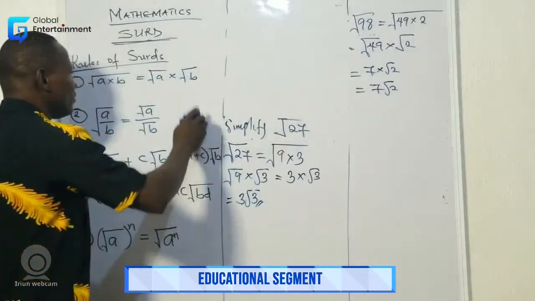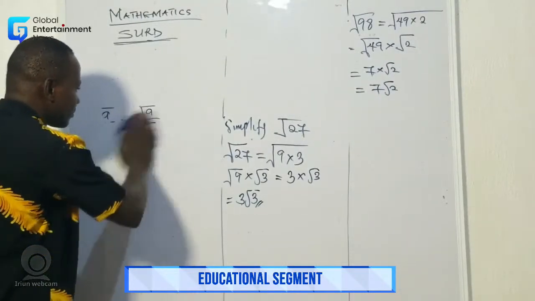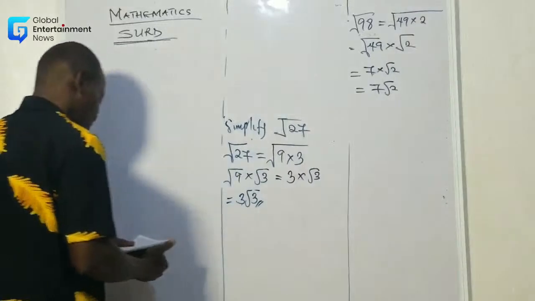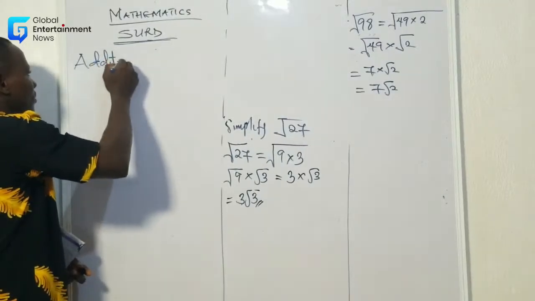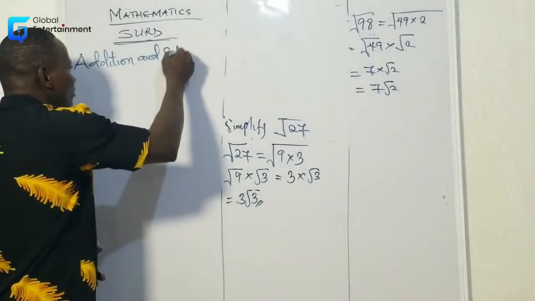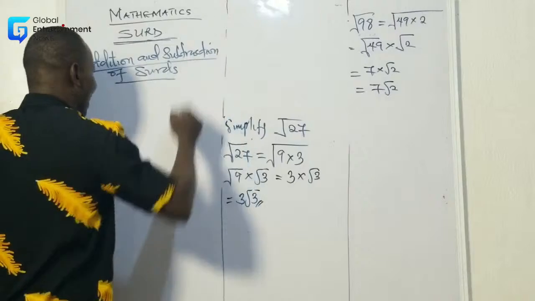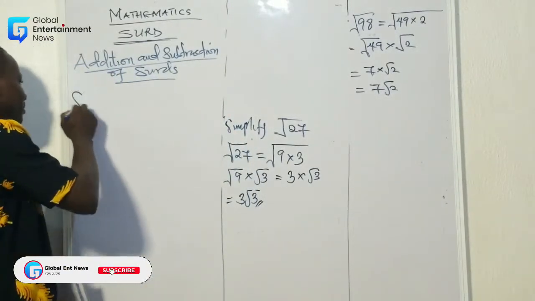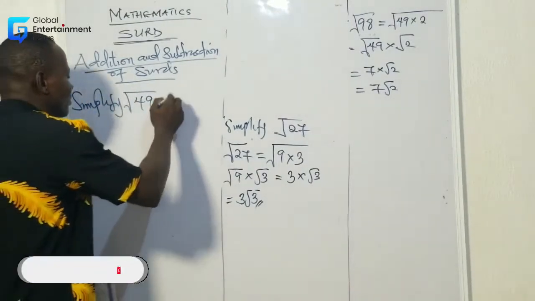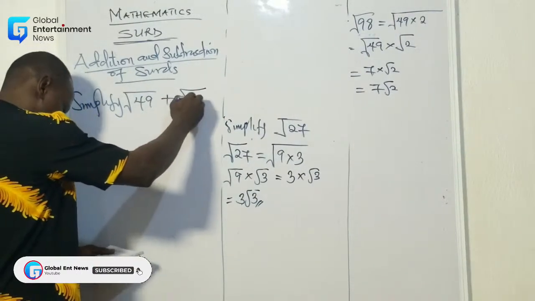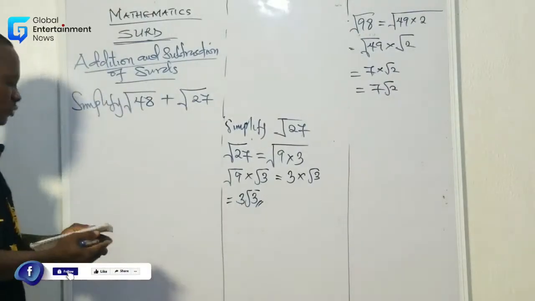Addition and subtraction of surds. Example: the question says simplify root 48 plus root 27.